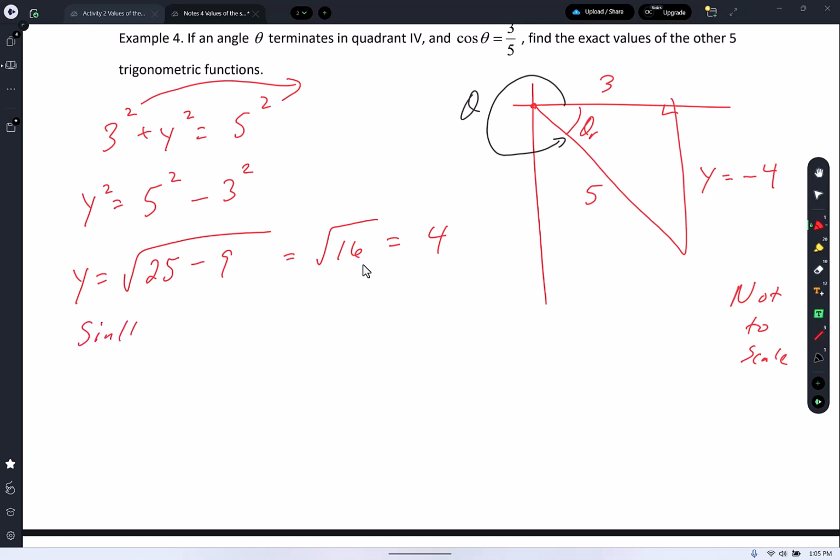I'm going to write sine theta, cosine theta, tan theta, cosecant theta, secant theta, cotangent theta. Use the reference to help you out. Sine, opposite over hypotenuse. What do I write?